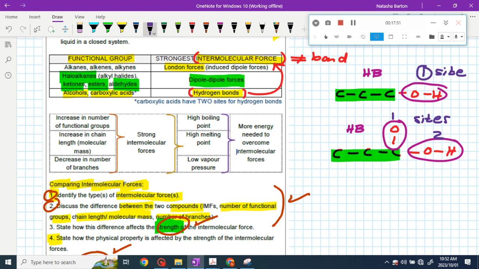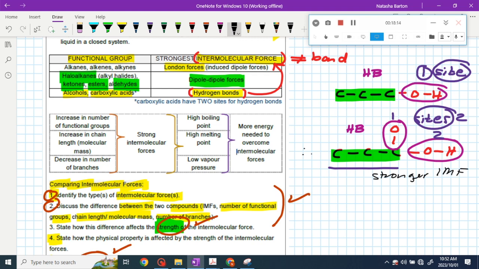So step number two, where you're getting your marks, is for saying the carboxylic acid contains two sites for hydrogen bonds, while the alcohol contains only one site for hydrogen bonds. Next step, you're going to tell me, therefore, the carboxylic acid has stronger intermolecular forces.